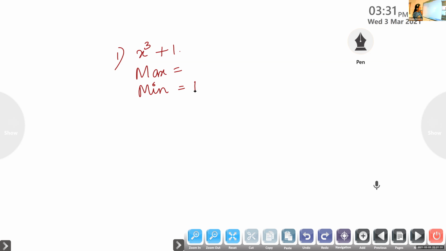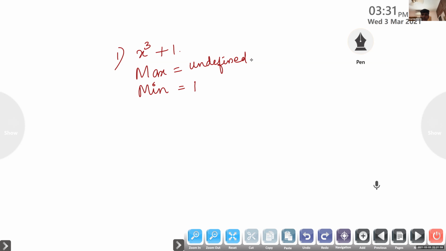Is the maximum correct? Maximum is undefined. What about the minimum? Tomlin, minimum value is? Karthik, what is the answer?